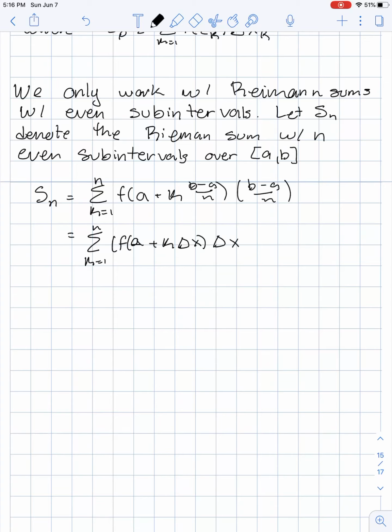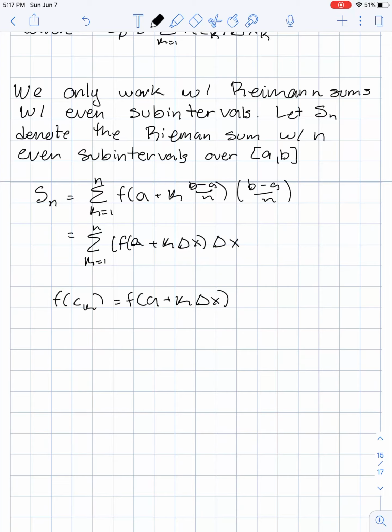So this is just a different way of writing f of c sub k as f of a plus k delta x. If I'm going 3 intervals over, I know I need to add wherever I started from and then go 3 times that to get to my next value. I hope that makes sense.